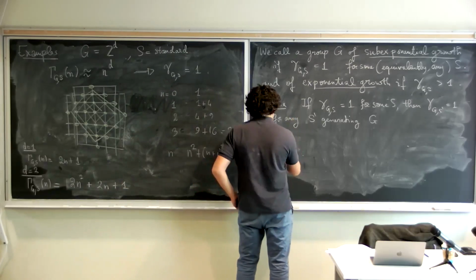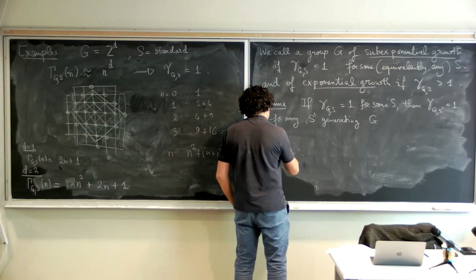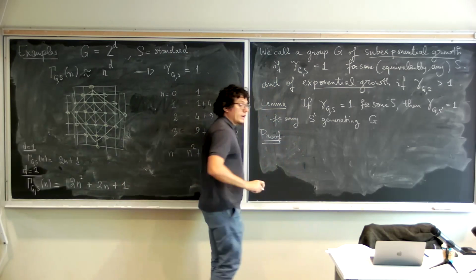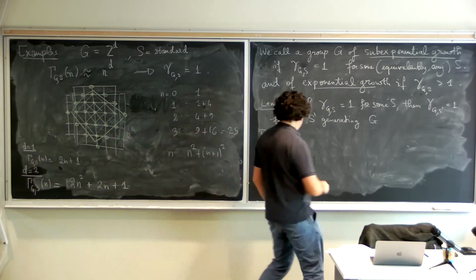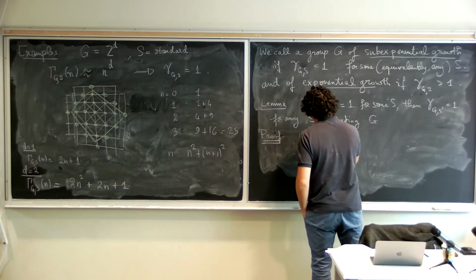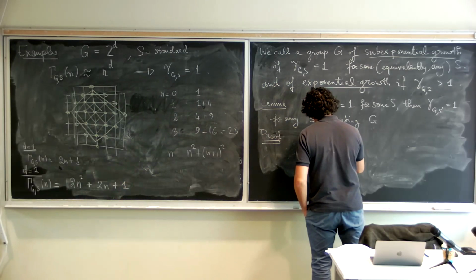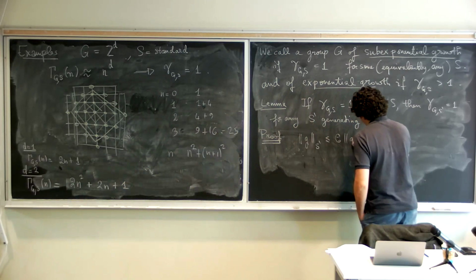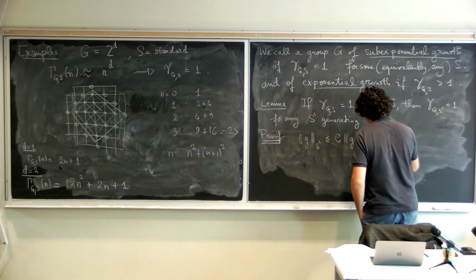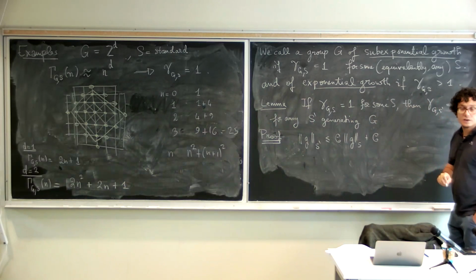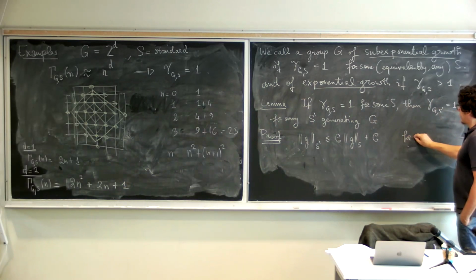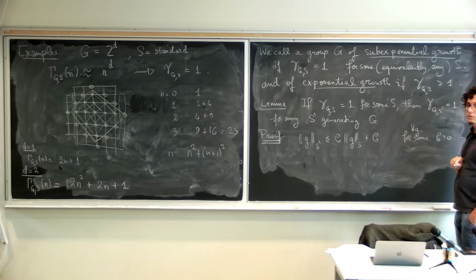So the proof: we know that the word metric of G with respect to S prime is less than or equal to C times the word metric of G with respect to S plus C, for some C and for any G.